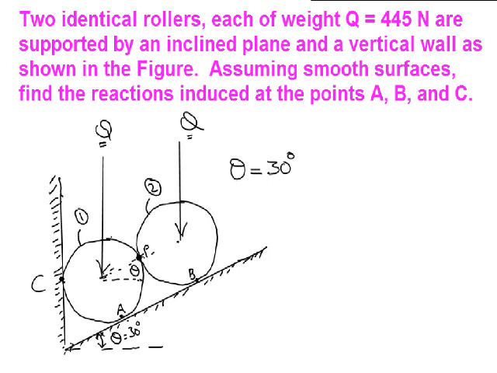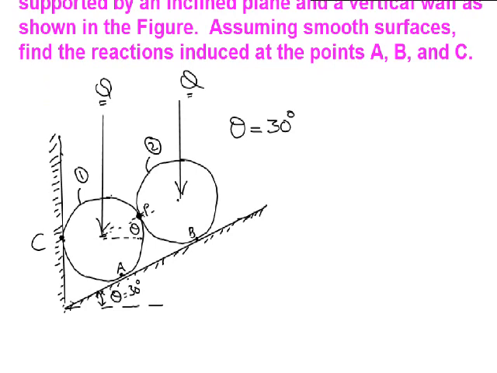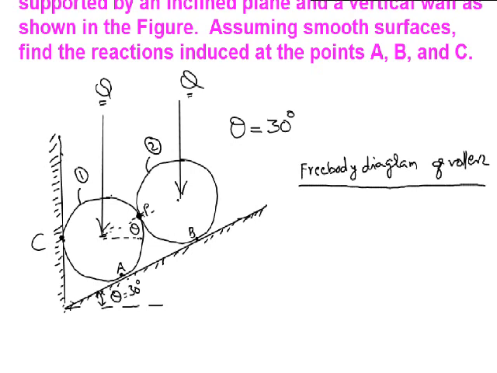To apply Lami's theorem for roller 2, we'll quickly draw the free body diagram of roller 2. For doing that, we'll draw roller 2 as shown here, and then we'll quickly show all the forces acting on it.